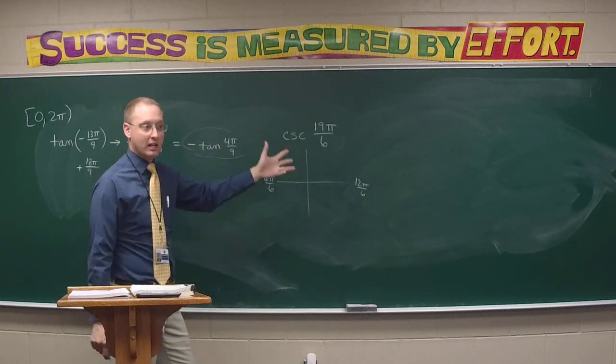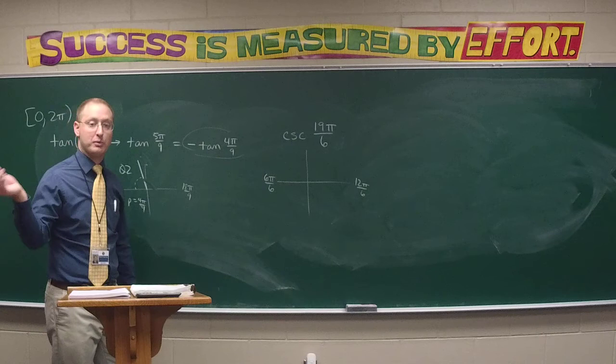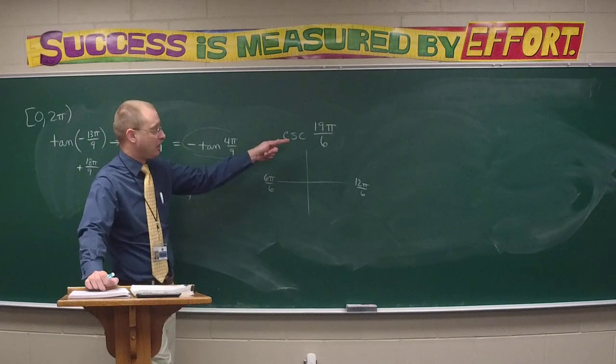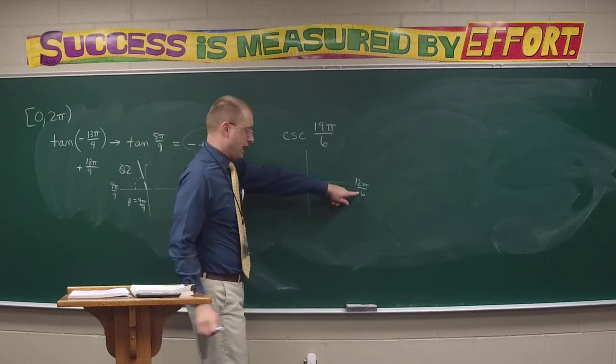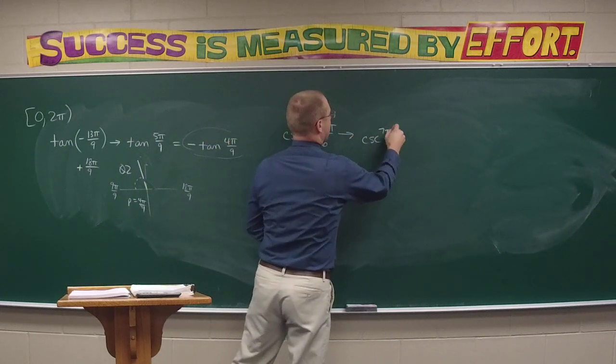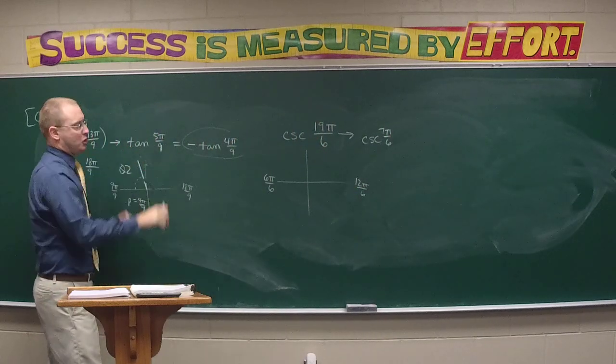It's too big. If it was a big angle, like our 574 degrees, we subtract 360. But it's radians, so we don't subtract 360. We subtract 2 pi, and we get 7 pi over 6. Now, where is that in relation to pi and 2 pi?